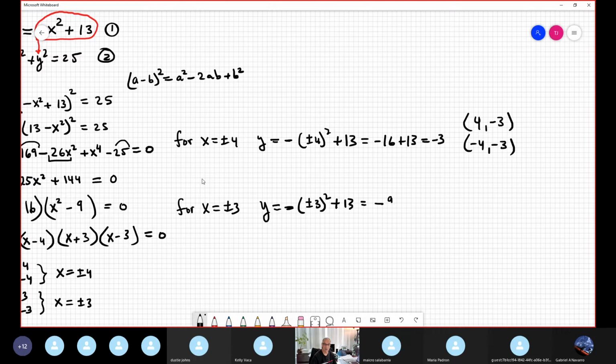This is minus 9, regardless if it is plus or minus, plus 13 is positive 4. And so we have the point 3, 4 and negative 3, 4. Okay? 4 points.